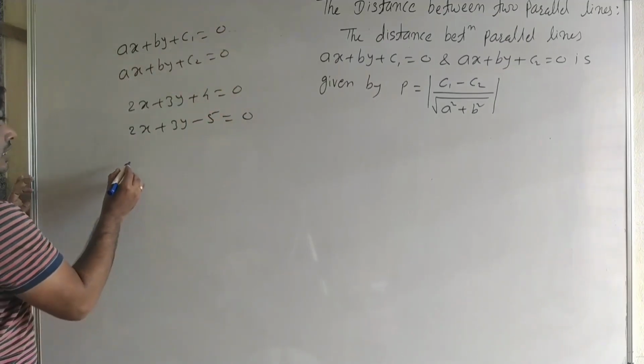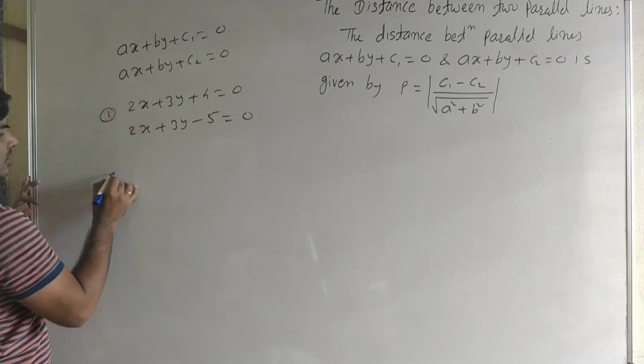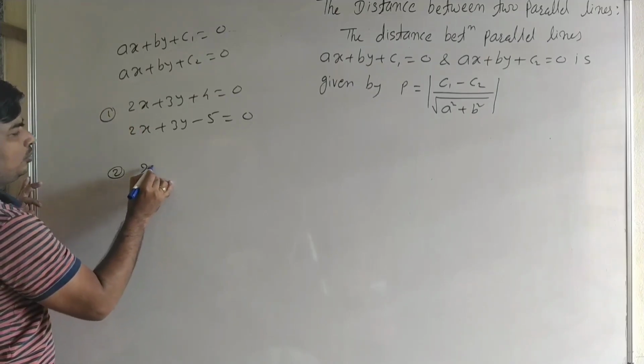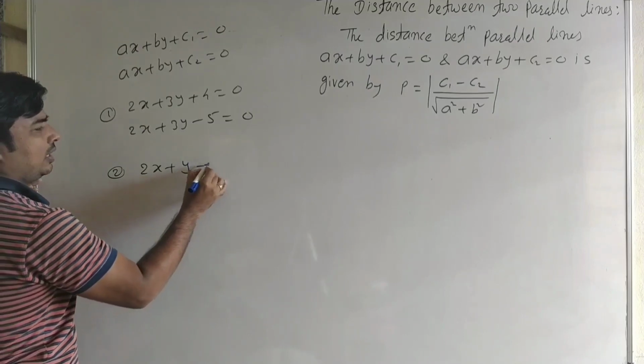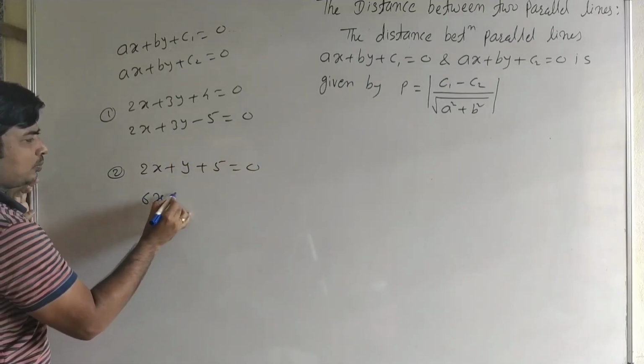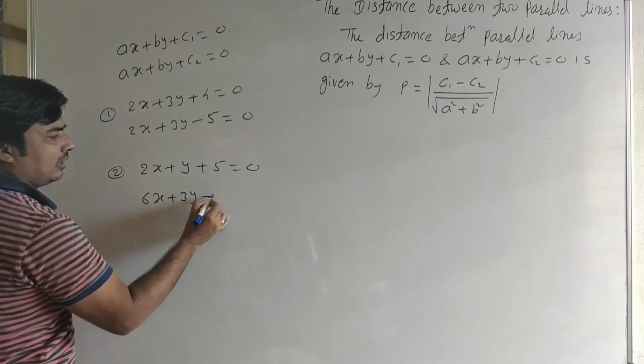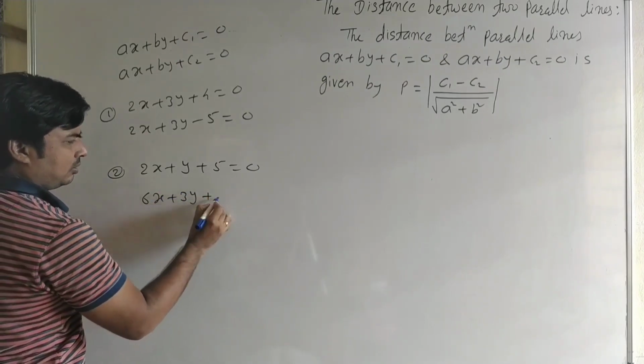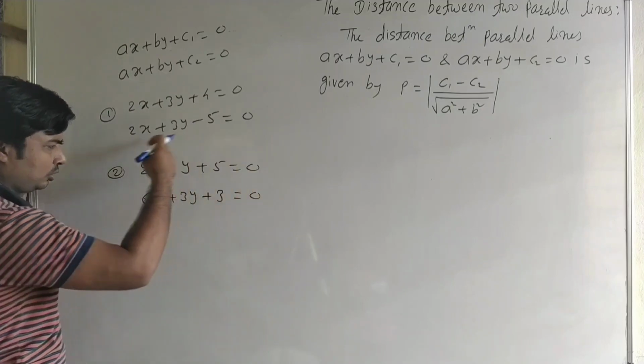For the second example, 2x plus y plus 5 equal to 0 and 6x plus 3y plus 3 is equal to 0. Both are two lines.